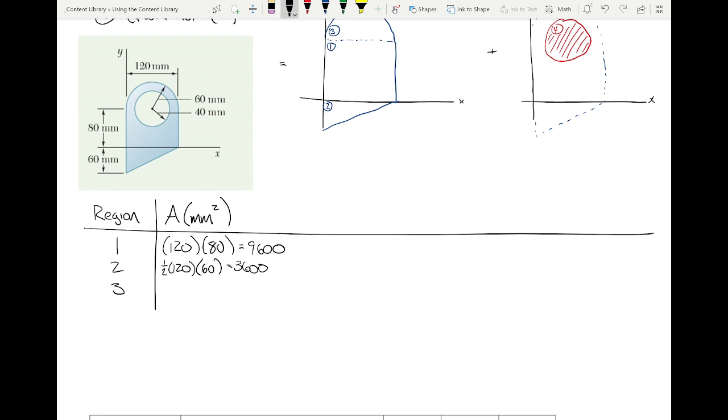So what's the radius of this region number 3? 60, right? It's 120 over 2, because 120 is the diameter. So this part right here is going to be pi over 2 times 120 over 2 squared, right?